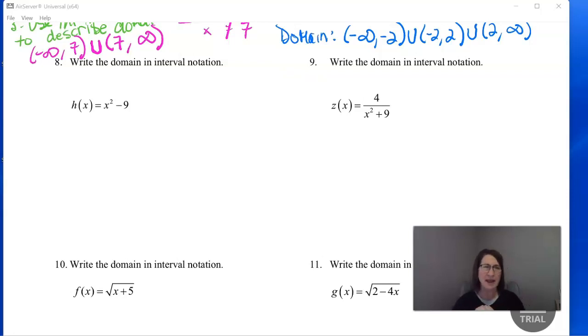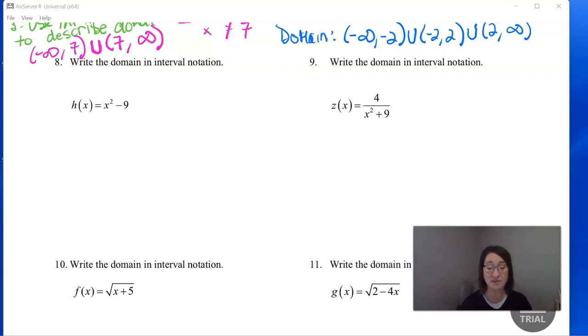Remember that our domain is all real numbers from negative infinity to positive infinity, unless you have the variable in the denominator or there's a square root and the variable is under the square root. That's the only time you have to worry about exclusions.